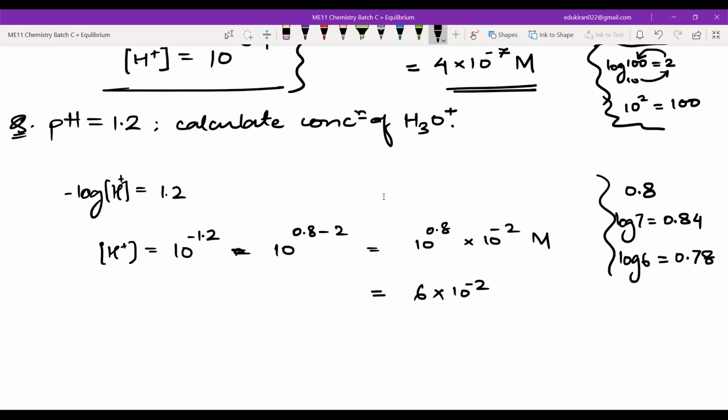See, if you get a bit more confident, you can write 6.1 also, because it is going to be near to 6 rather than 7. I can say that it will be less than 6.5.